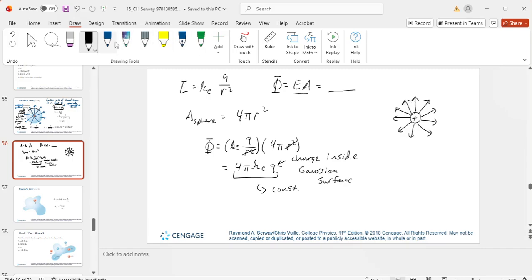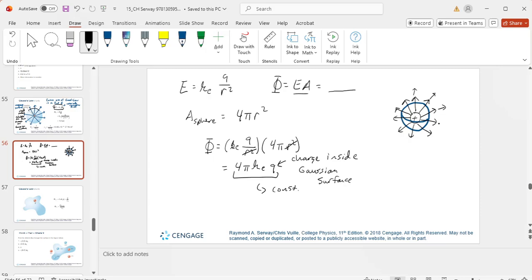And if I draw a Gaussian sphere around this thing, like say right here, imagine this is a sphere. Then my claim is this. If I draw more field lines, and remember that these are going to die off, they're going to get smaller as we move out.